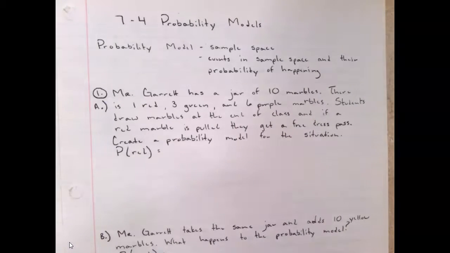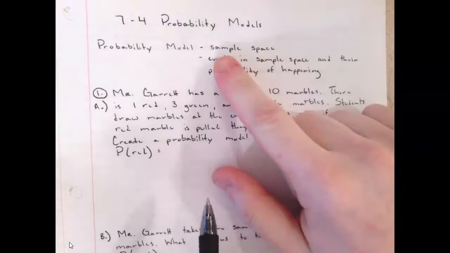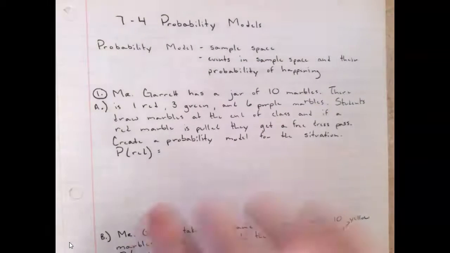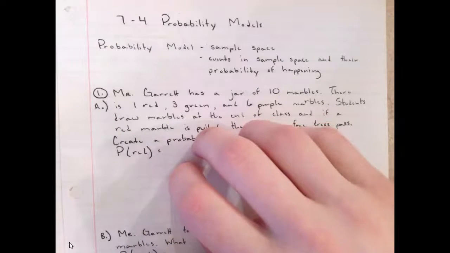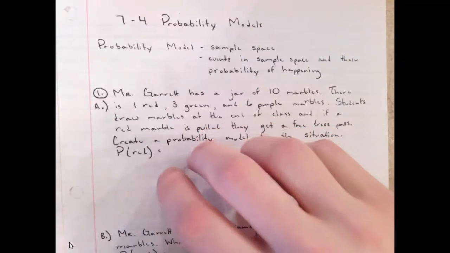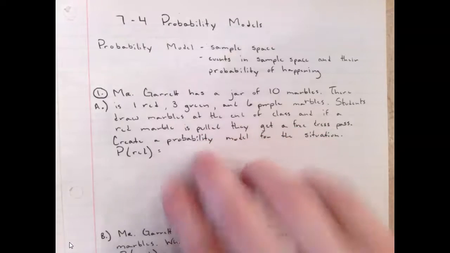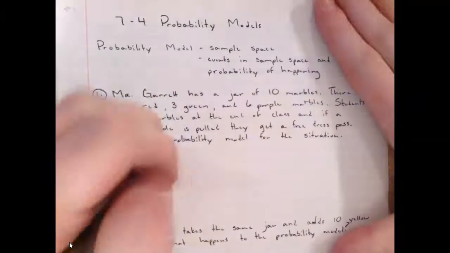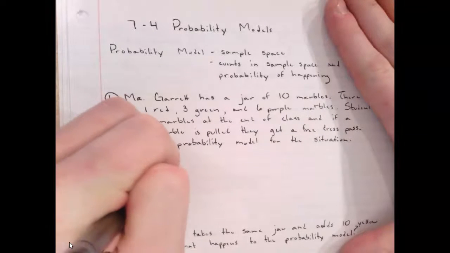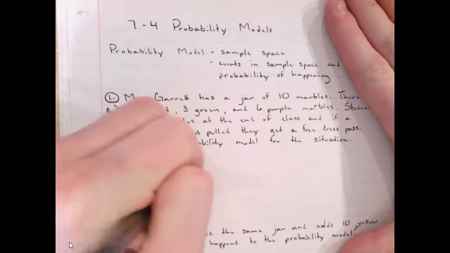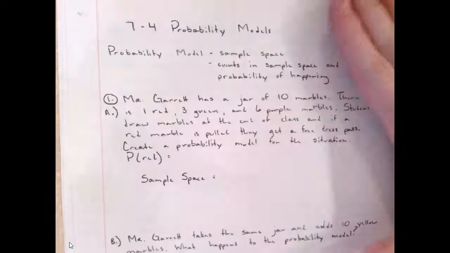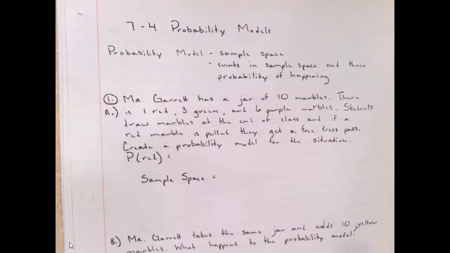Now, our first instruction is that a probability model includes a sample space. So we need to create a sample space in our answer here. A sample space, all it does is list out all the possible answers. So my sample space for this problem is simply going to be listing off all the possible marble outcomes that I could have.